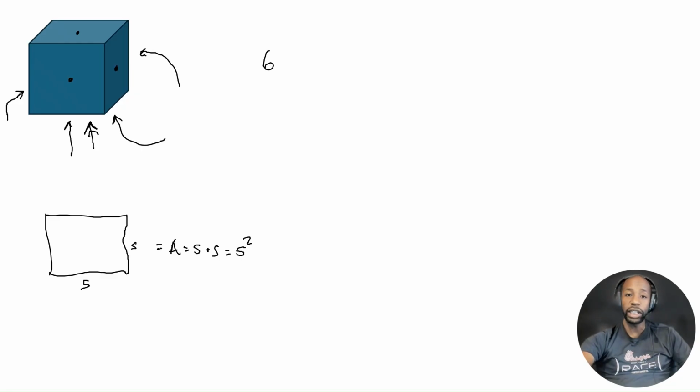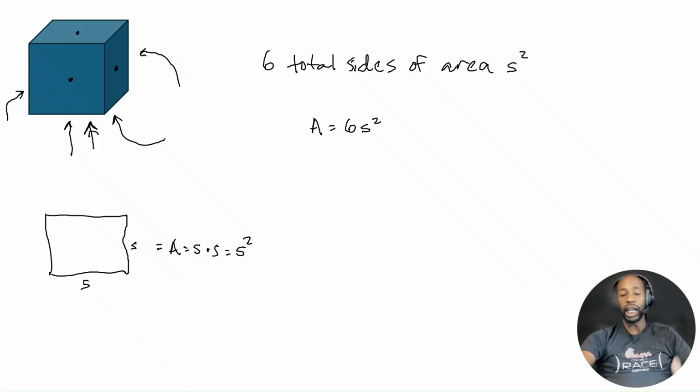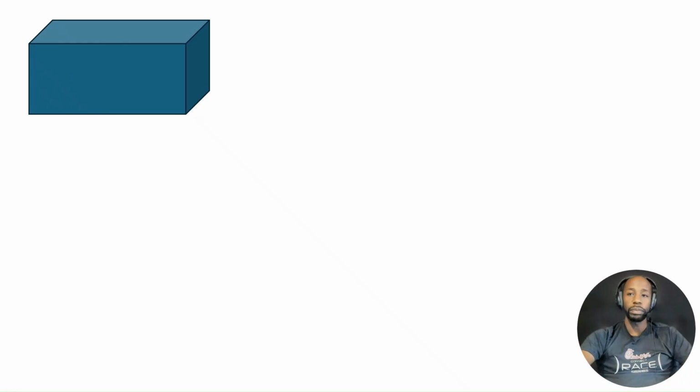So that means you have six total sides, all of which have an area of s squared. Therefore, the surface area of a cube is equal to 6 times side squared. Very, very easy. Remember, surface area is just the outer surface of a three-dimensional shape.